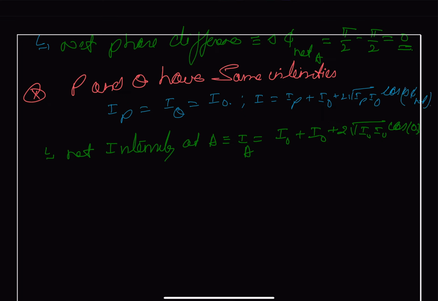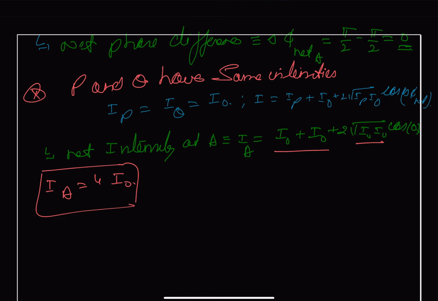And if we solve them, we are going to get that our IA, cos 0 is 1, so this comes as I, this comes as 2I, and that will be equal to 4I naught. So this is our 4I naught.